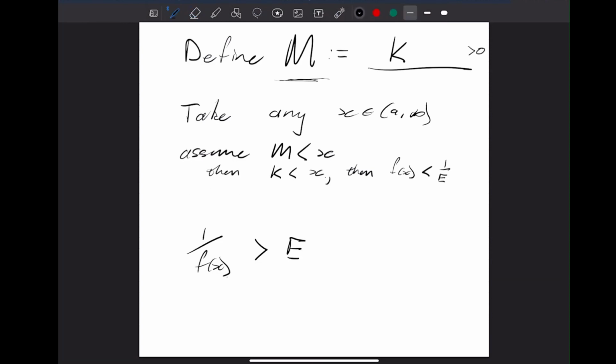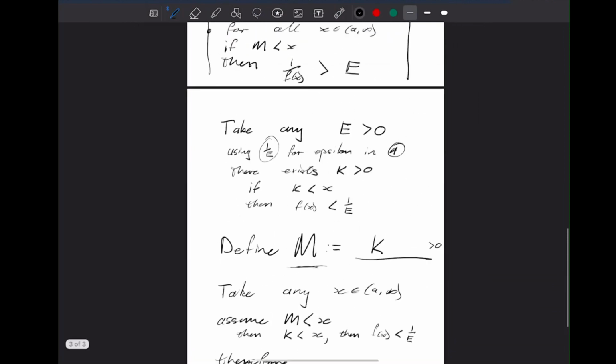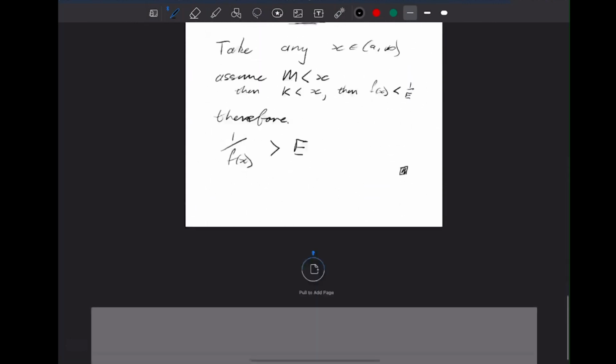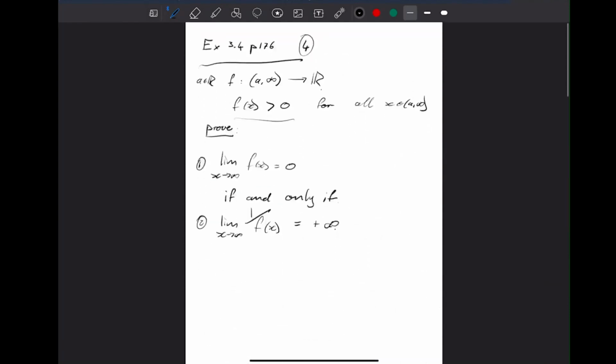And let's write it this way, then, or therefore, 1 over f of x is greater than e. So this finishes the proof of 1 implies 2. So we have now proven 1 implies 2.